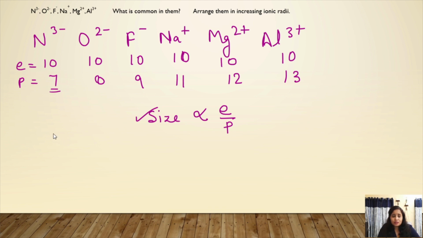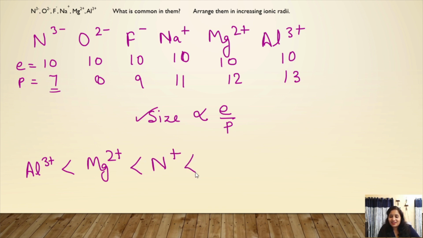Which will be the smallest one? According to more the positive charge, the smaller the size. So here the smallest one will be the aluminium 3 plus. Then we can write like this. The bigger one is the magnesium 2 plus having 12 protons. Then will come sodium plus having 11 protons.